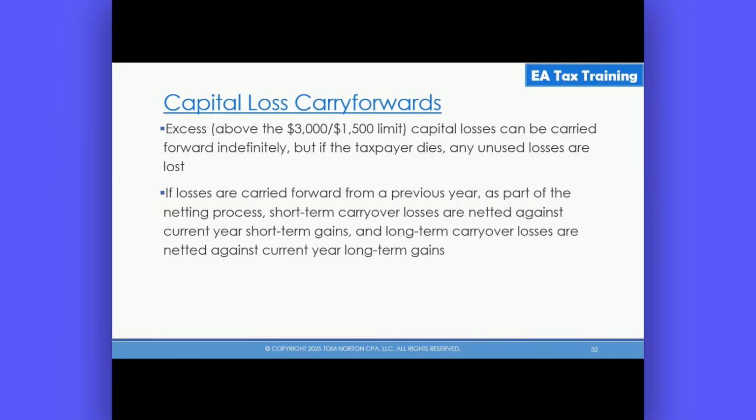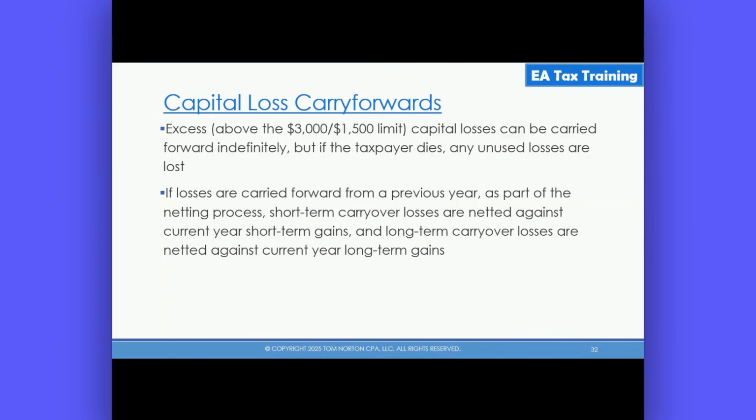But then, as it says, if you die in the meantime, any remaining loss is going to just be lost forever, and no one is going to get to take that. If losses are carried forward from a previous year, then as part of the netting process, short-term carryover losses are netted against current year short-term gains, and long-term carryover losses are netted against current year long-term gains.